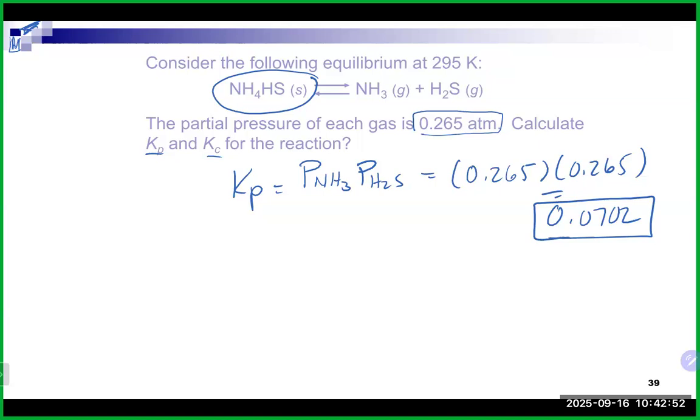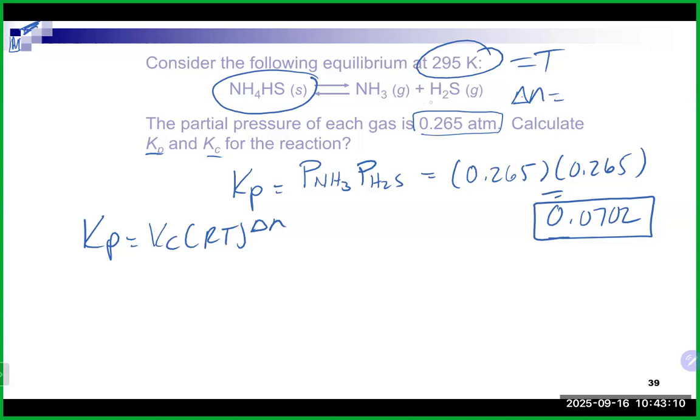Again, we can use the formula we saw earlier to go from Kp to Kc. Kp will equal Kc times (RT) to the delta n. Our temperature here is already in Kelvin, so we're good on that. Our delta n in this case will be 2 gas molecules on the product side, minus 0 as that is a solid.